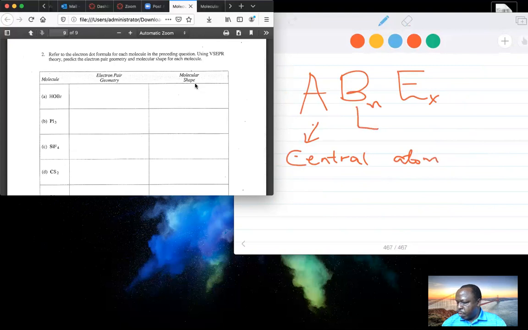N stands for the number of external atoms. And this stands for E X.